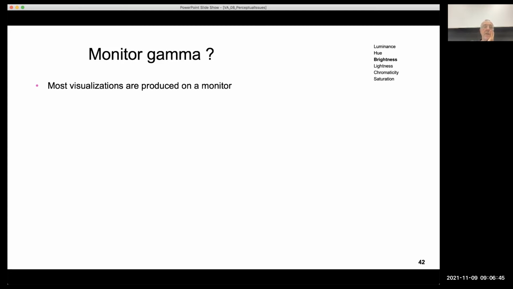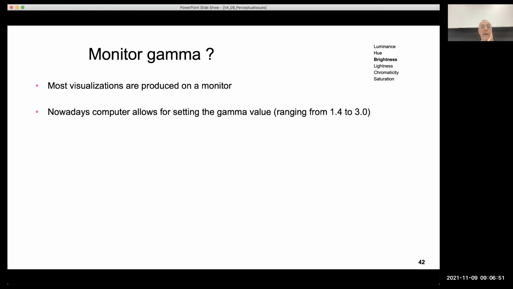Monitor gamma is connected to the fact that most visualizations are produced on a monitor today. If you look in your system, somewhere you will get this gamma value, and you can adjust it from 1.5 to 3. This is the typical range of the gamma.